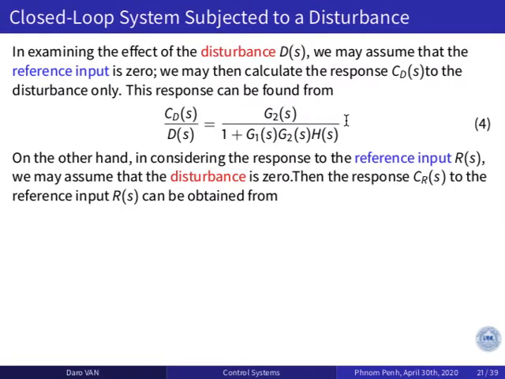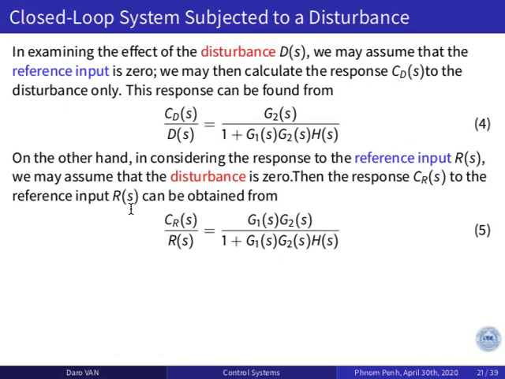On the other hand, in considering the response to the reference input, we may assume that there is no disturbance. Remove this signal, and the response C_R(s), which is the response to the reference input, can be obtained by this one, the same way as we did for this system.